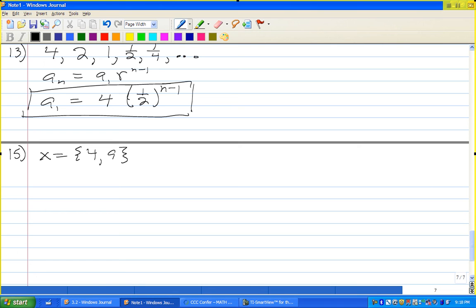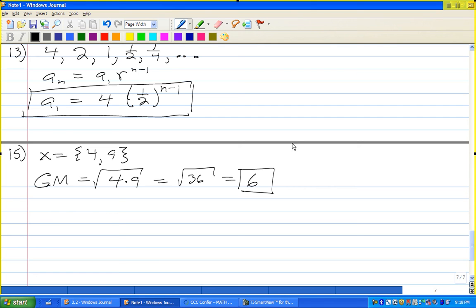So to find the geometric mean, you're going to have to multiply each number together and then take the nth root of the corresponding answer. Since there are only 2 numbers, we'll be taking the square root. The square root of 36 is 6.